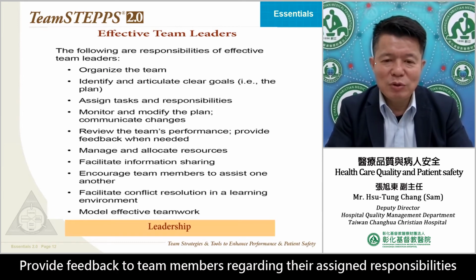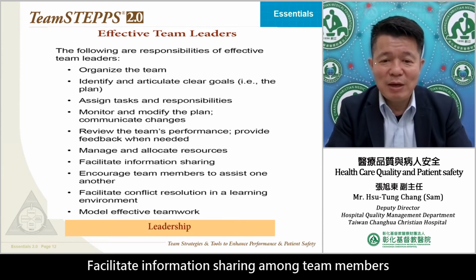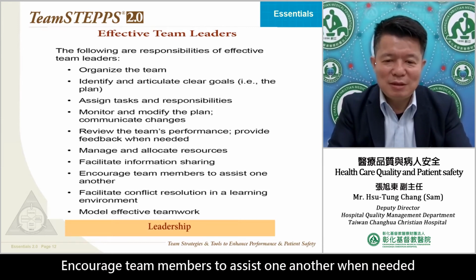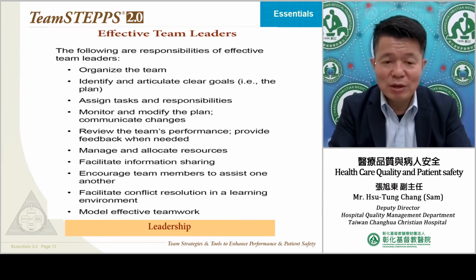Provide feedback to team members regarding their assigned responsibilities and progress toward the team's goal. Facilitate information sharing among team members. Encourage team members to assist one another when needed. Facilitate conflict resolution and model effective teamwork.